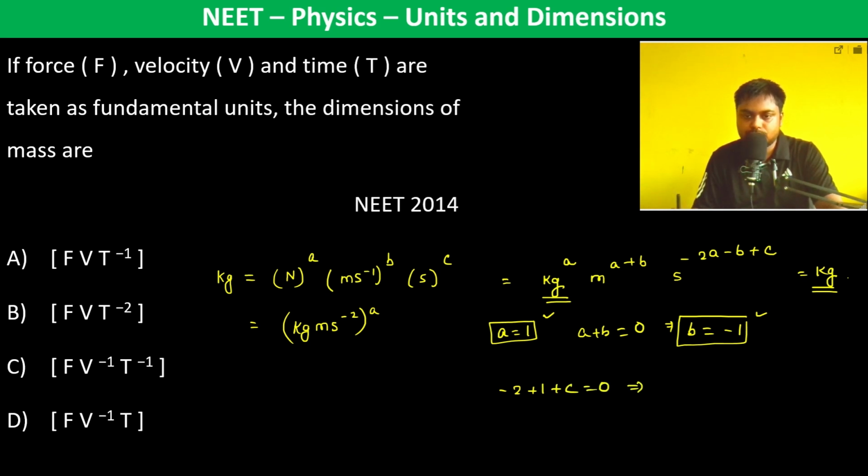So therefore c is equal to 1. So therefore what we get is force to the power 1, velocity to the power b, that is minus 1, and time to the power 1, F V minus 1 T. So that is option D.